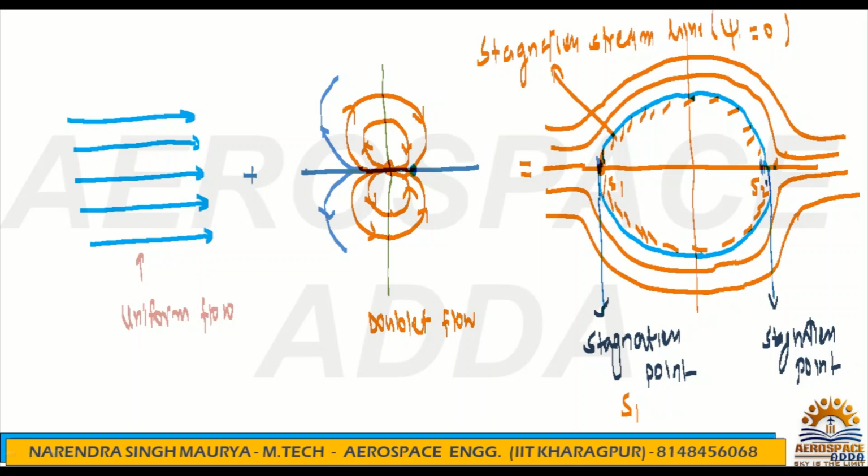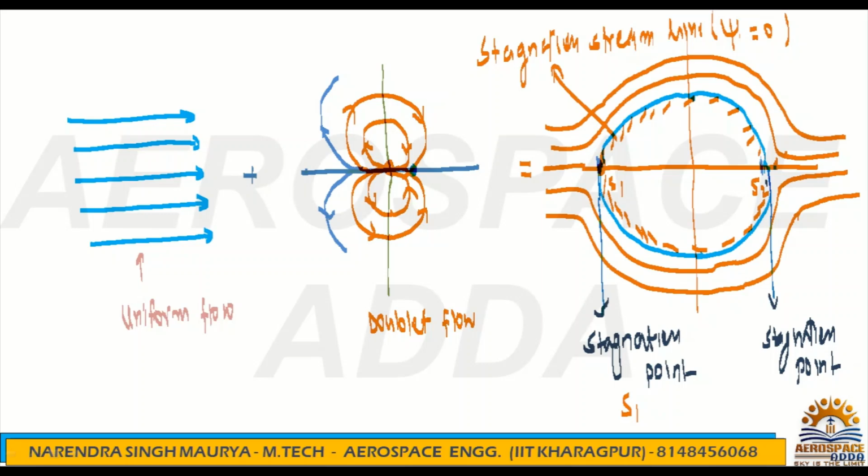Because psi is the stream function, if a stream function exists, it means there is a possible flow. But as I have explained, this blue line is treated as a solid surface, and it prevents flow from inside to outside and outside to inside. That flow is not possible; along this blue line, flow cannot cross.